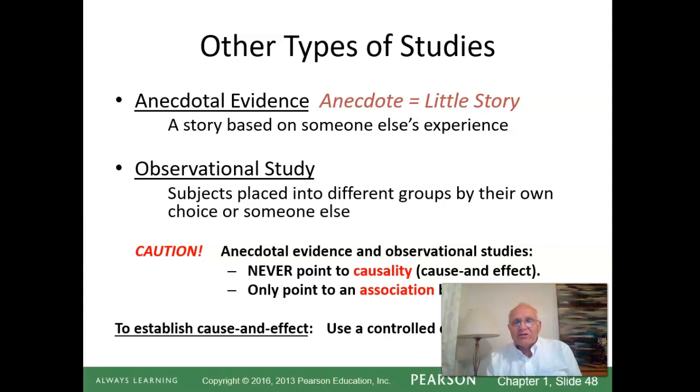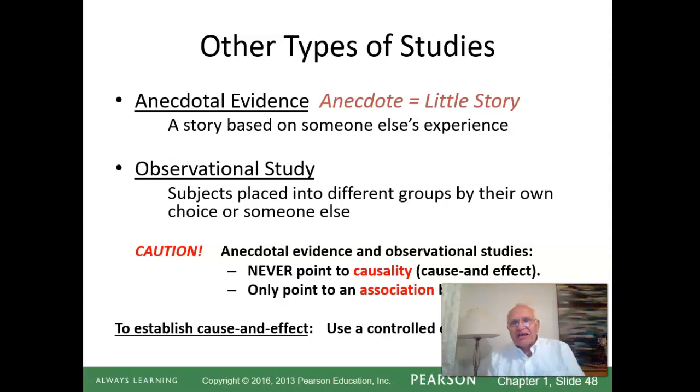And so we're not going to be able to establish cause and effect with that kind of study. That doesn't mean we shouldn't do observational studies, but you can tell an observational study by the fact that somebody is not changing the treatment purposely to study the effect of that treatment.